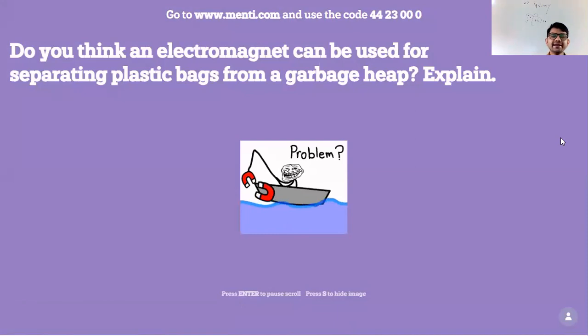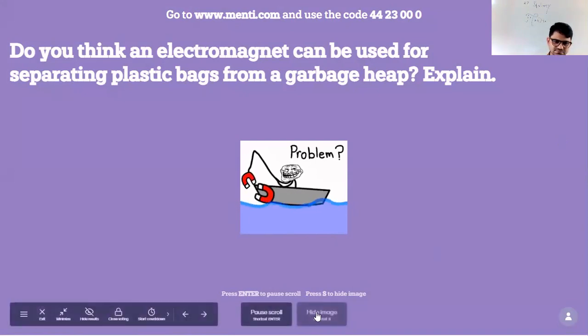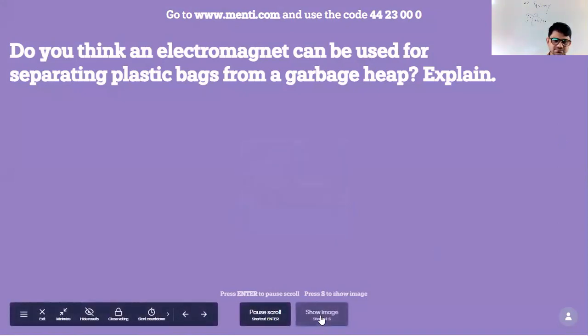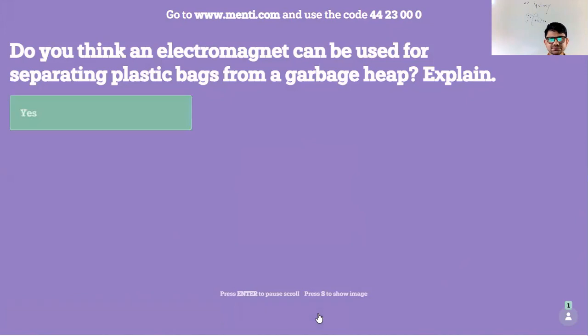Do you think electromagnet can be used for separating plastic bags from a garbage heap? You can type your answers. This question does not contain points. Take your time also. It does not have a timer. Do you think electromagnets can be used? So one has written yes.